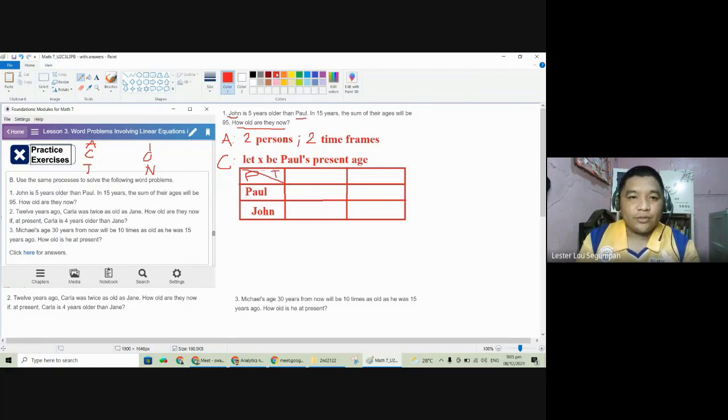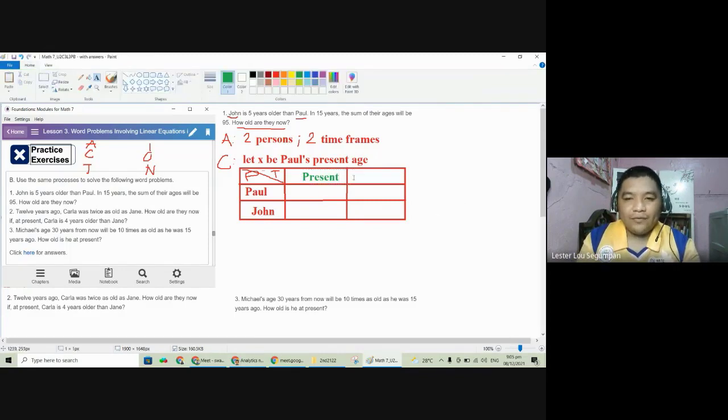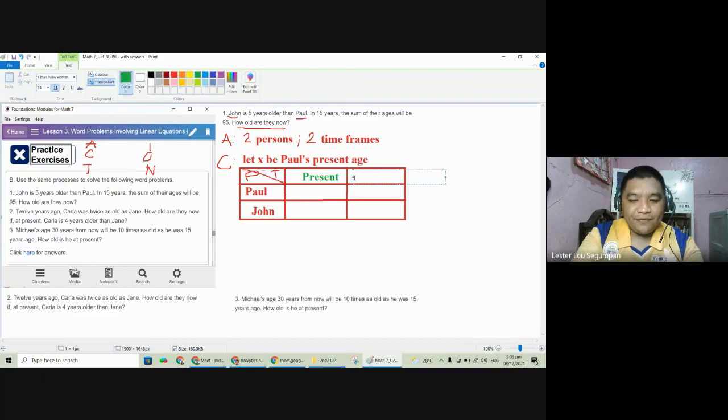And what are those two time frames? Your first time frame, the thing that you're concerned about, is your present, okay? And you will have the future, specifically in 15 years.